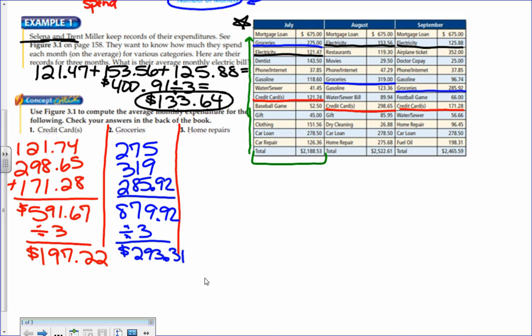Car repairs? Nope, that's just for the car. I will tell you, we spent no money in July for home repair. I'm going to put a 0 down, and you guys are going to think I'm crazy because you're like, duh, Ms. Applegarth, if we spent no money, obviously we don't add anything. But I'm putting the 0 there as a placeholder so we know we're still dividing by 3.